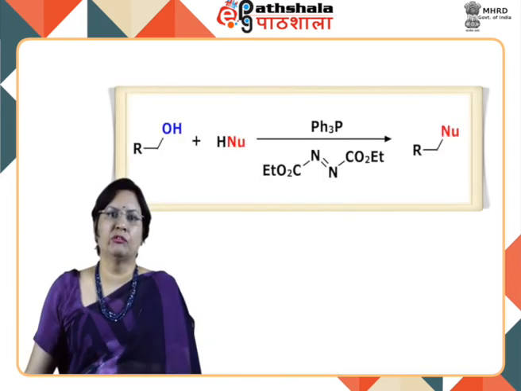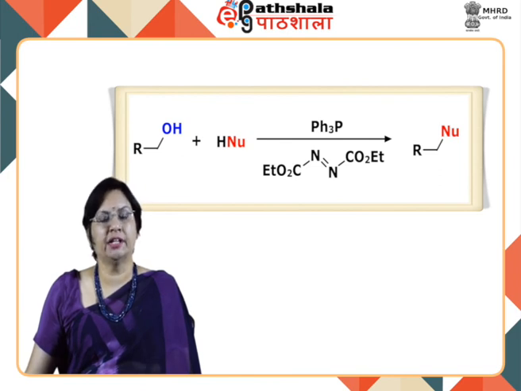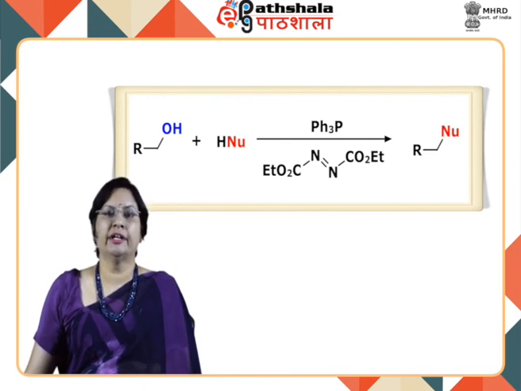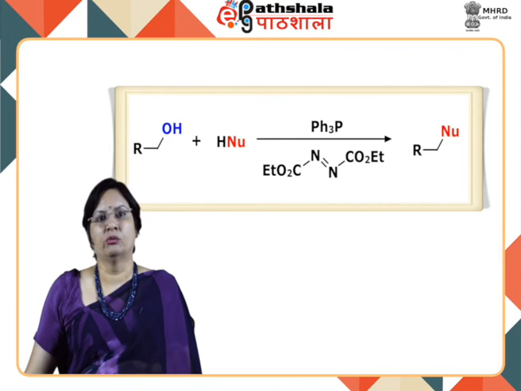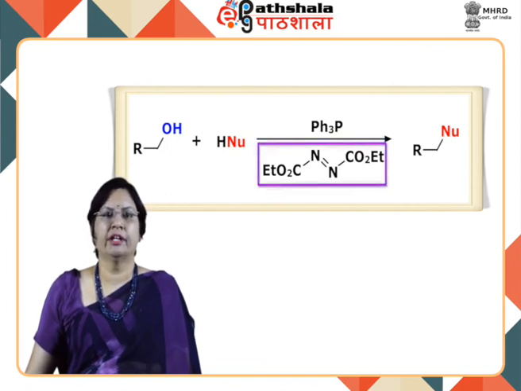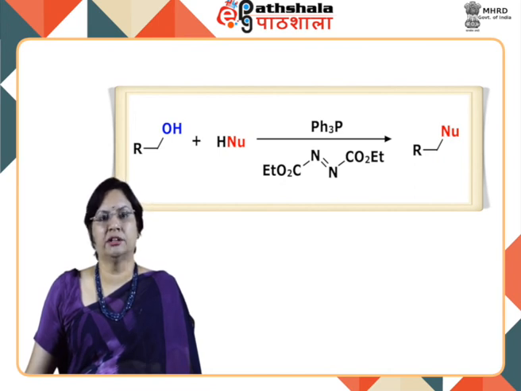The example of the Mitsunobu reaction is shown here in a general way, where ROH reacts with NuH, NuH is the nucleophile, and in the presence of triphenylphosphine and this DEAD, we get the substituted product, which is RCH2Nu, and there will be inversion here.